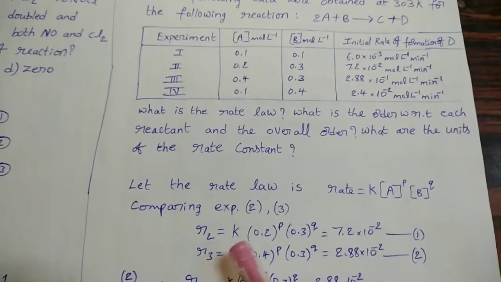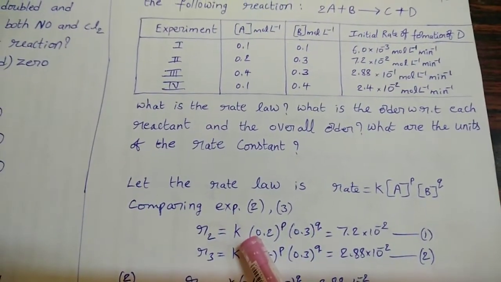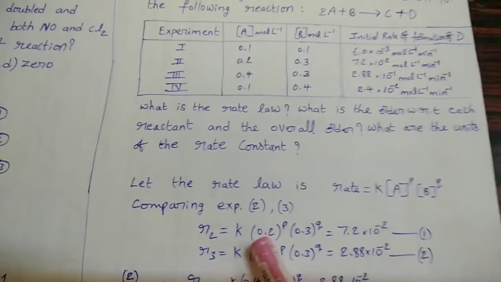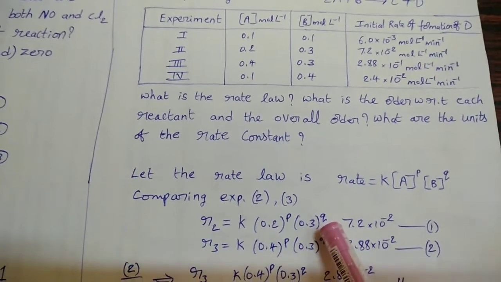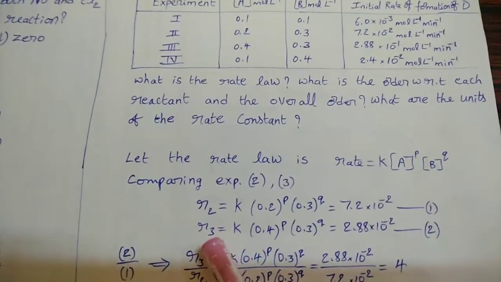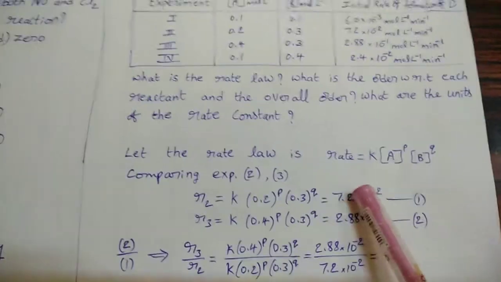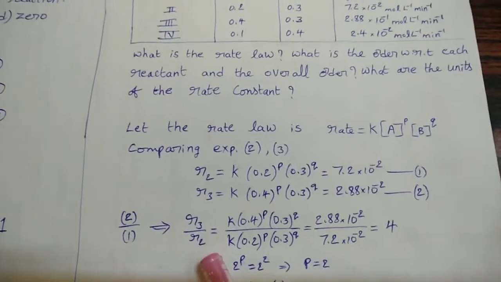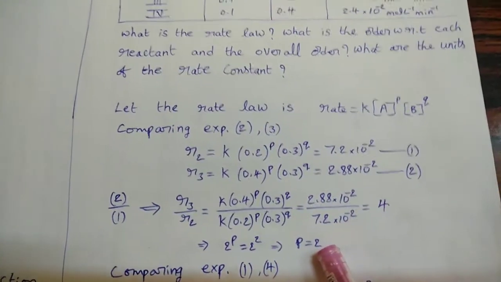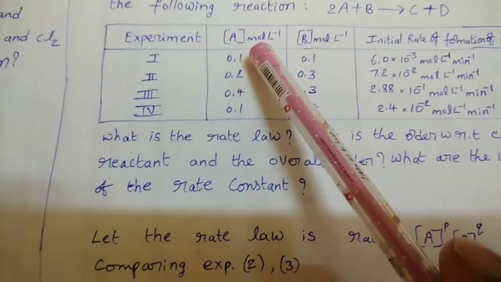So from this we can write for experiment 2, rate R2 equal to K into concentration of A 0.2 whole power P, reactant B 0.3 whole power Q. Experiment 3 we also wrote the same way. Now let it be equation 1, equation 2; dividing 3 by 2, we can get P equal to 2.